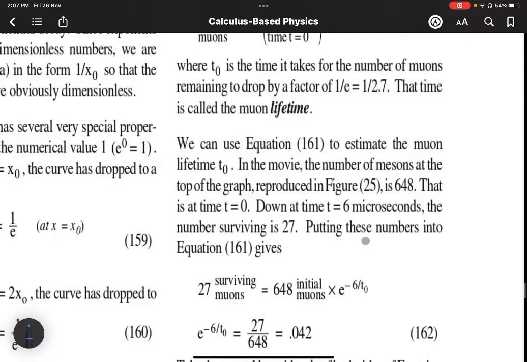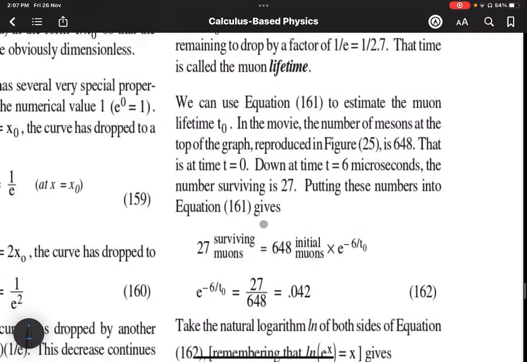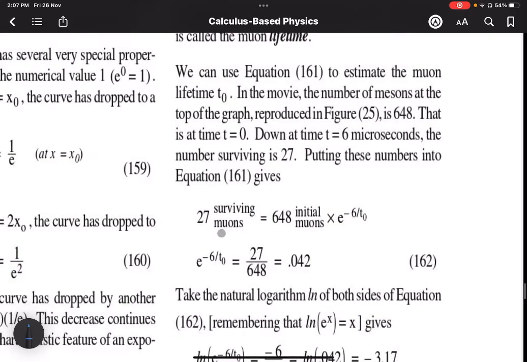So putting these numbers into the equation gives us the following, no? 27 surviving muons equals 648 initial muons times the exponential decay factor, which is e to the negative 6 over t0. Saan galing si 6? Yung microseconds.